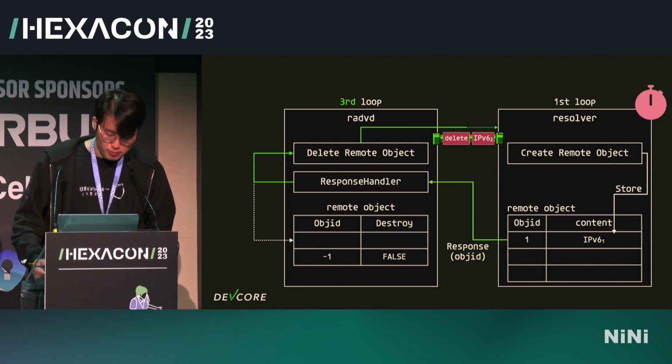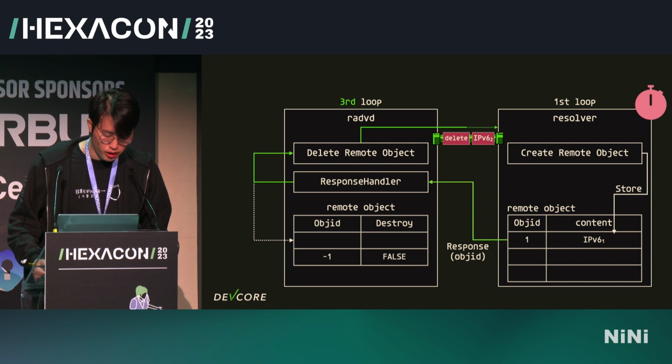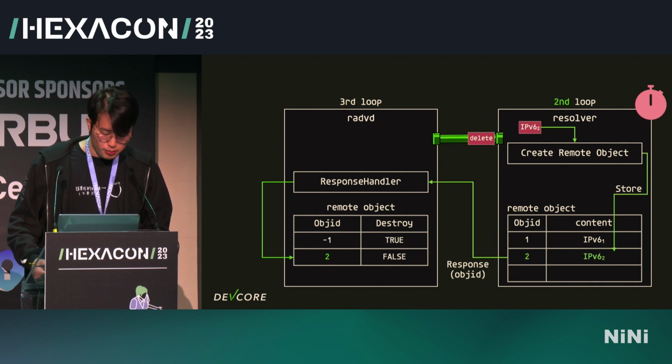The request will be processed in the third loop of the resolver, after the request of creating the DNS remote object for the second RA. In the second loop of the resolver, it processes the creation request with the DNS address from the second RA and responds with the object ID.